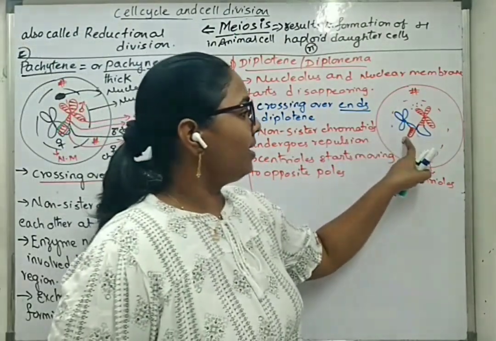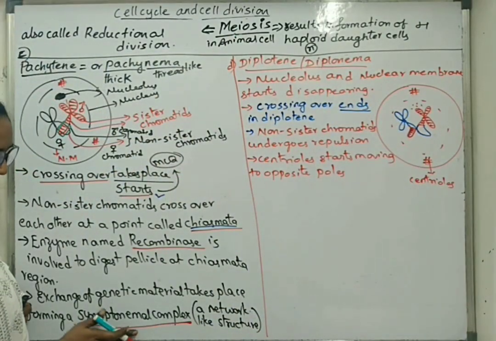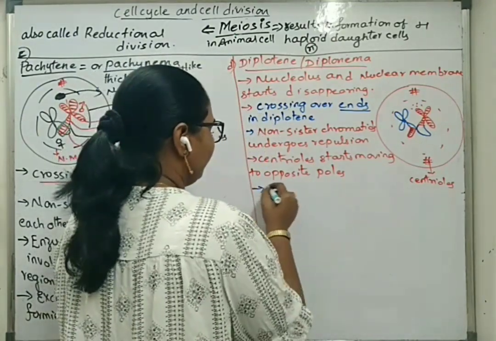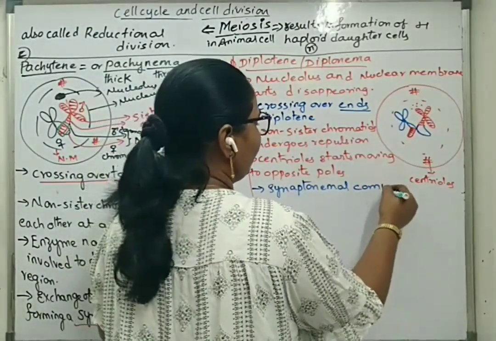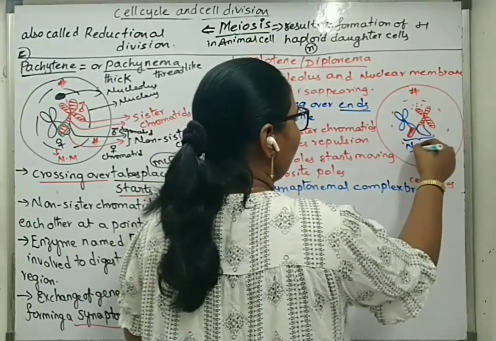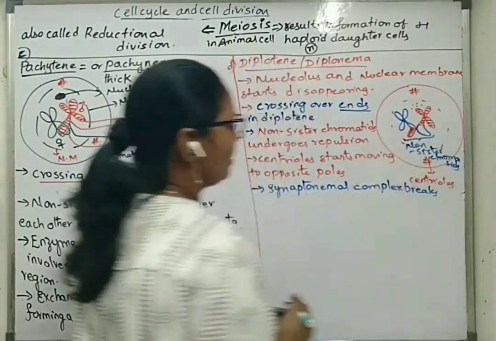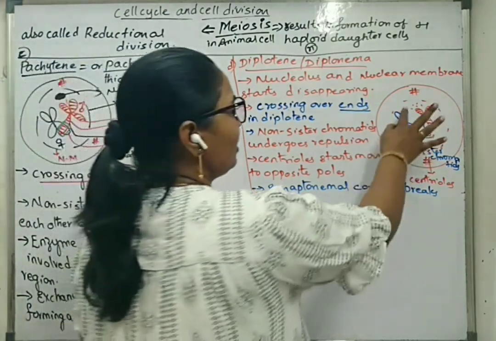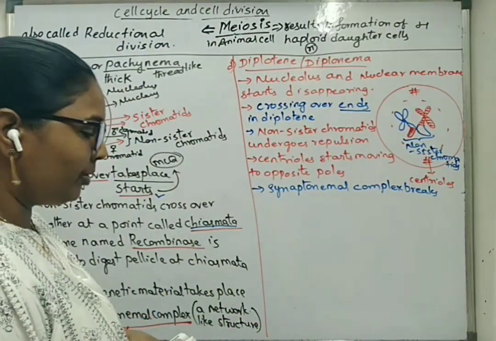When they are undergoing repulsion, it means that the synaptonemal complex that was formed now gets broken. We can write these both are non-sister chromatids. They got repelled with each other. The nucleolus disappeared, and the nuclear membrane is disappearing.